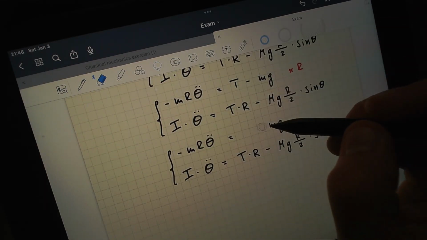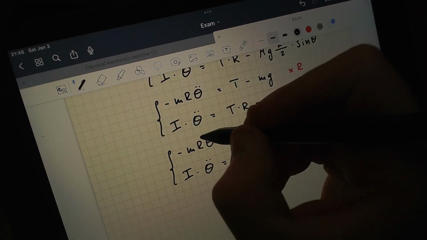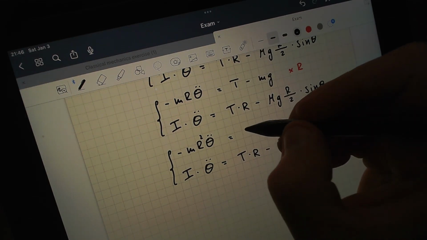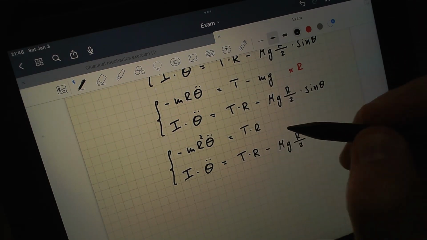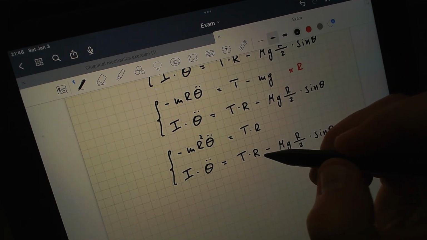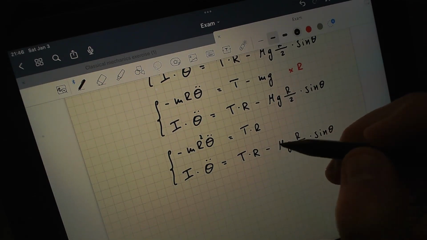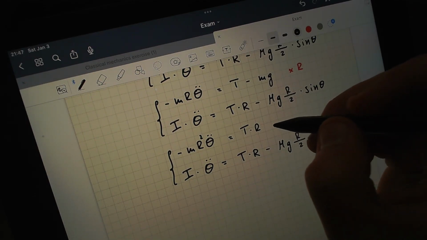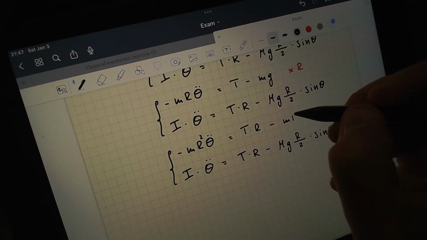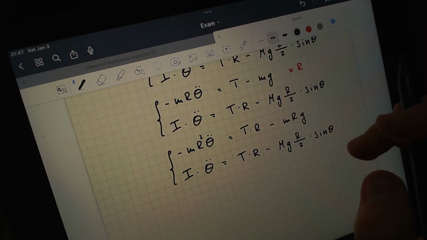Okay, so if we multiply, we have r squared here, and then we have T times r as we have here, and we have also minus m r g.